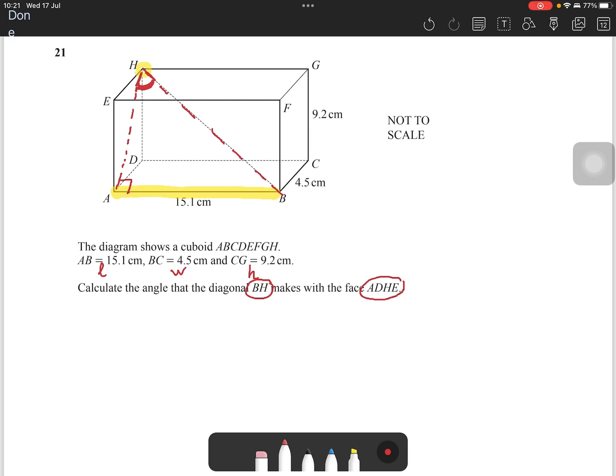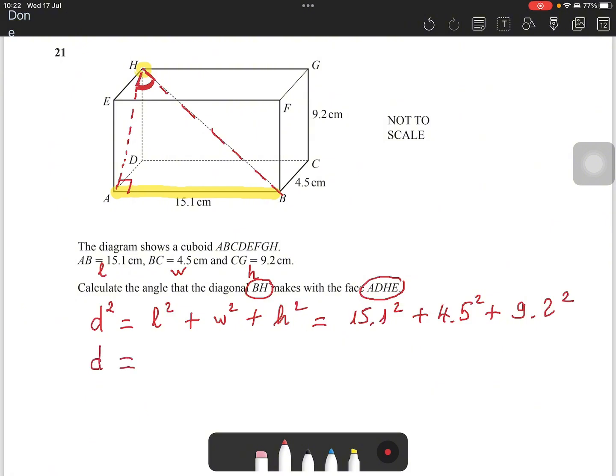So to find the angle AHB, we will use SOHCAHTOA. In this case, we'll try to find the length of BH first. BH is a diagonal of the cuboid, and you know that the formula to find the length of the diagonal is length squared plus width squared plus the height squared, which is 15.1 squared plus 4.5 squared plus 9.2 squared.